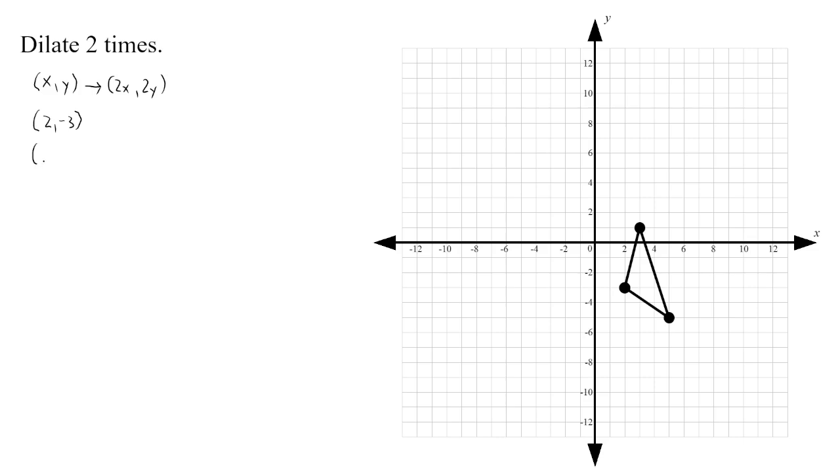We have 3 and 1. And we have 5 and -5. So next, we're going to plug them in to the transformation rule.